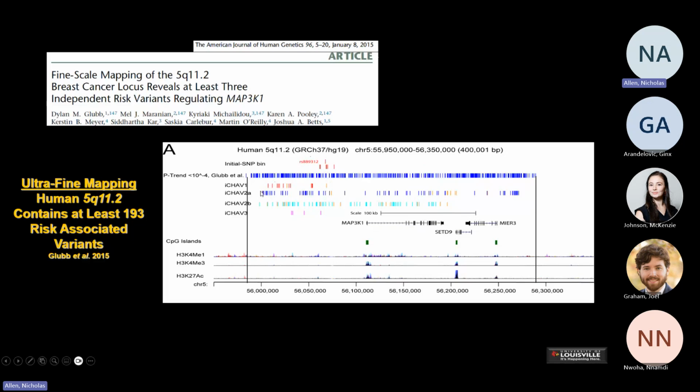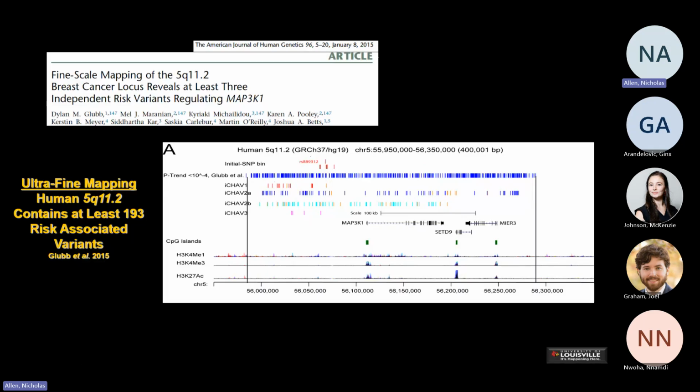And when they did that, they divided them up into 3 different kinds of independent susceptibility. But what they found is that across this 250 kilobases, there are at least 193 risk-associated variants that now become candidates for being the causal variant.